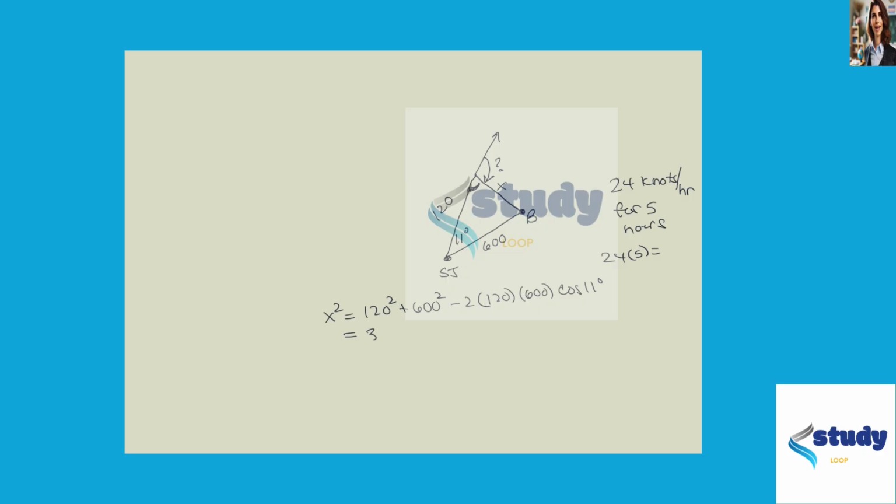That's going to give me 374400. I'm going to make sure my calculator is in degree mode. So cosine of 11 degrees times 600 times 120 times 2.